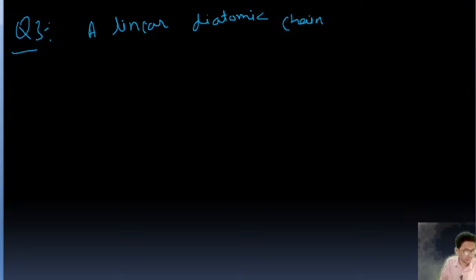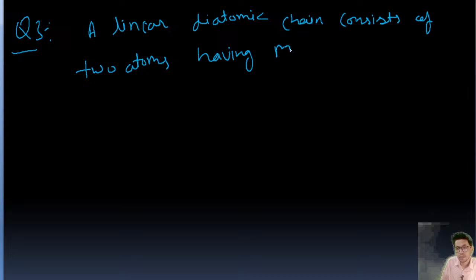Question third. A linear diatomic chain consists of two atoms having masses 2 kg and 16 kg.